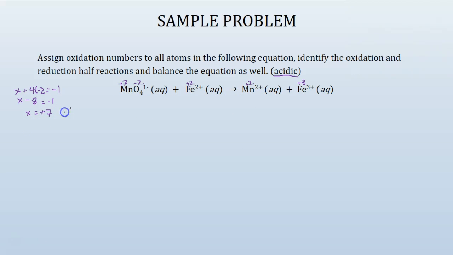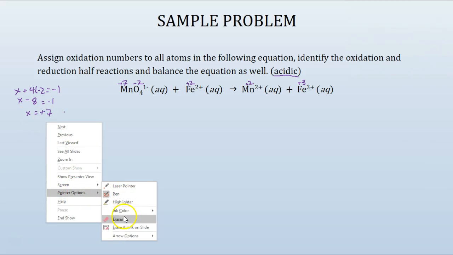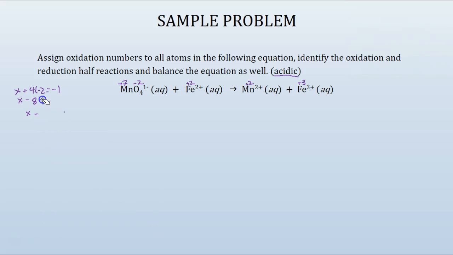So let me erase some stuff here. Sorry, I need to erase a couple things so I have more room. I should have done this work up at the top.